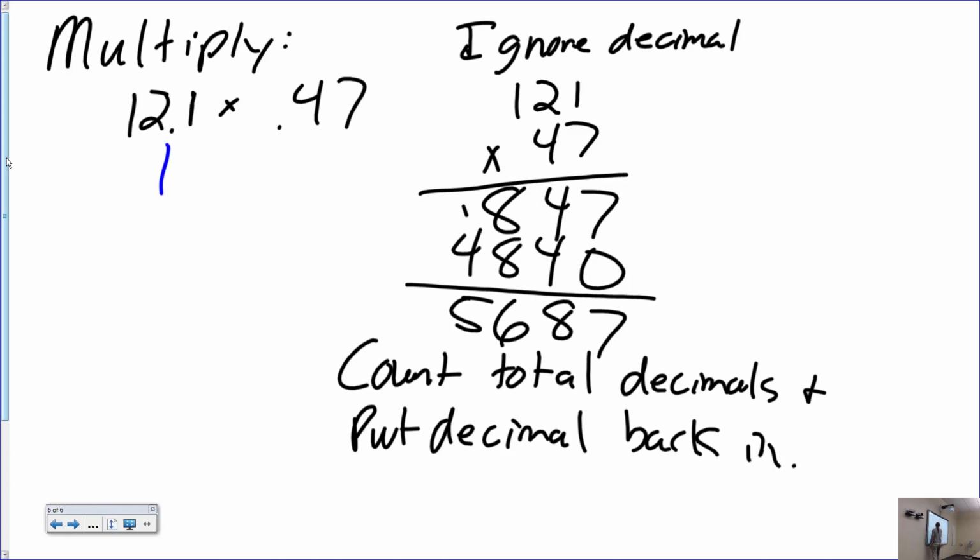How many decimals in this number? 2. What is 1 plus 2? 3. That's the number of decimals you put in your answer. So you will go, oh, here's the decimal point, 1, 2, 3. The product of those two numbers is going to be 5 and 687 thousandths. All right?